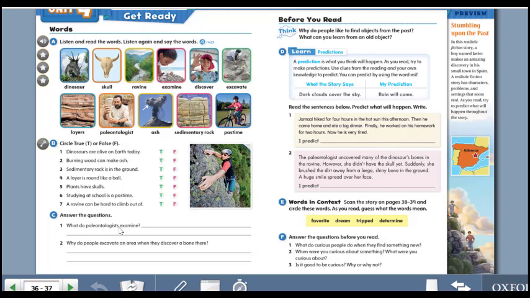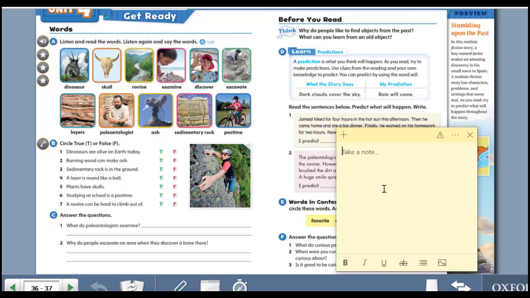Okay, exercise C. Answer the questions. What do paleontologists examine? What do you think they examine? So, number 1, paleontologists examine the fossils. Okay. Number 2, why do people excavate an area when they discover a bone there? Why do you think? What's the reason?